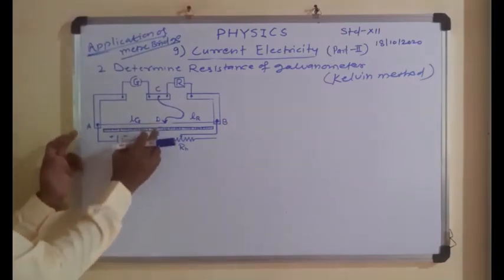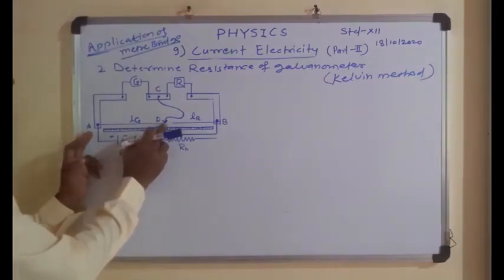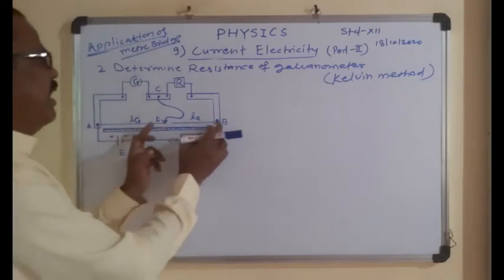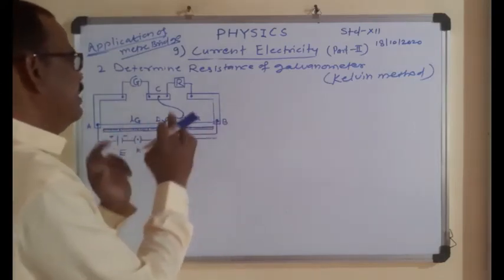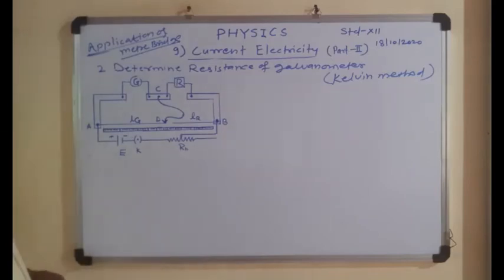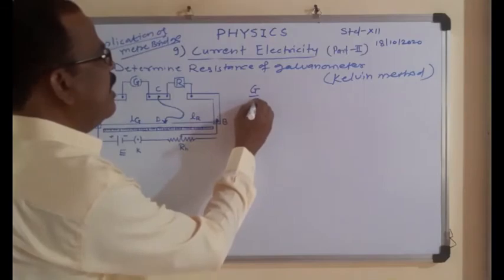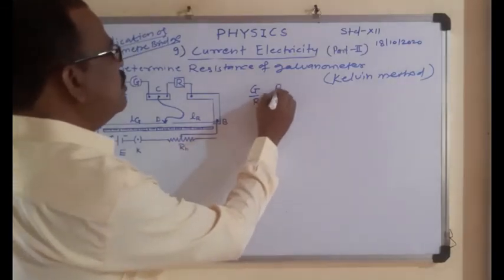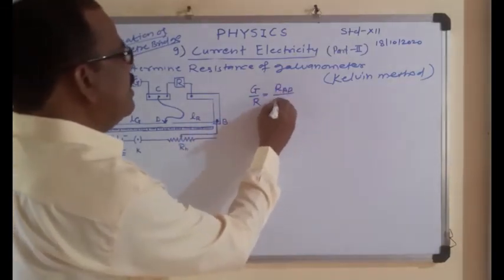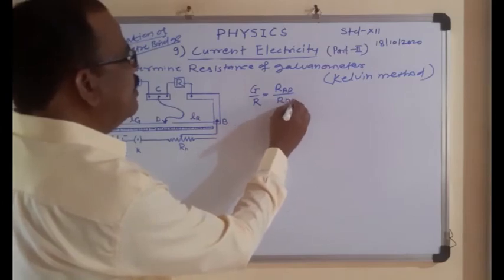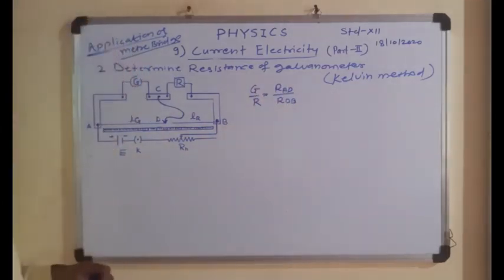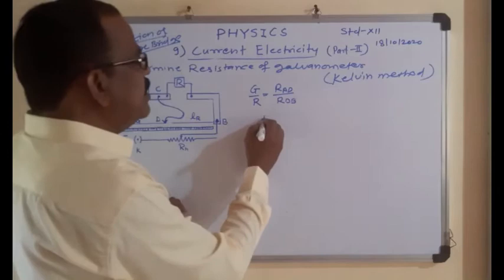Then measure the length of wire AD, LG, and LR between the points B and D. Then we write the network condition G divided by R is equal to RAD divided by RDB. This is the network condition. But RAD is equal to what?